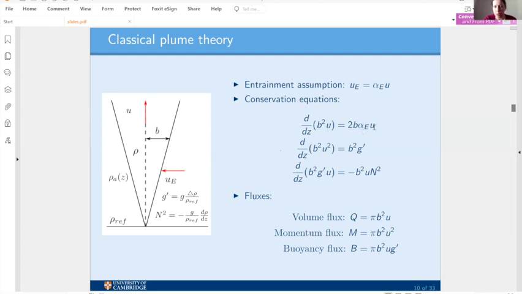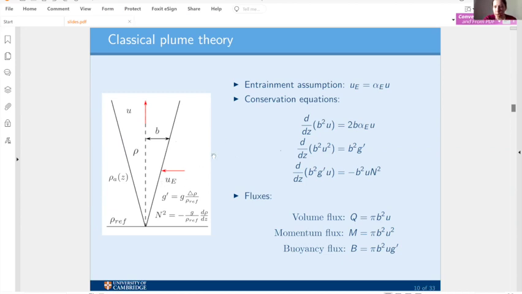And this first equation describes the conservation of volume inside the rising plume. This one is just the conservation of the momentum within the plume. And the last one is the conservation of the buoyancy within the plume. So the buoyancy, I mean the density difference between the fluid inside the rising plume and the fluid in the surrounding environment.